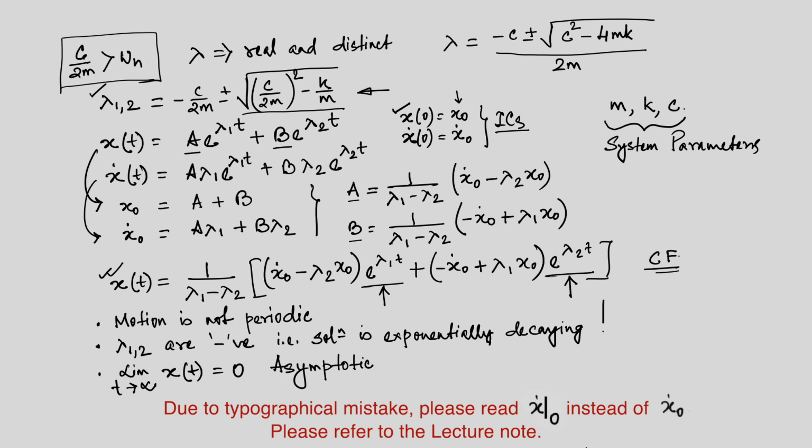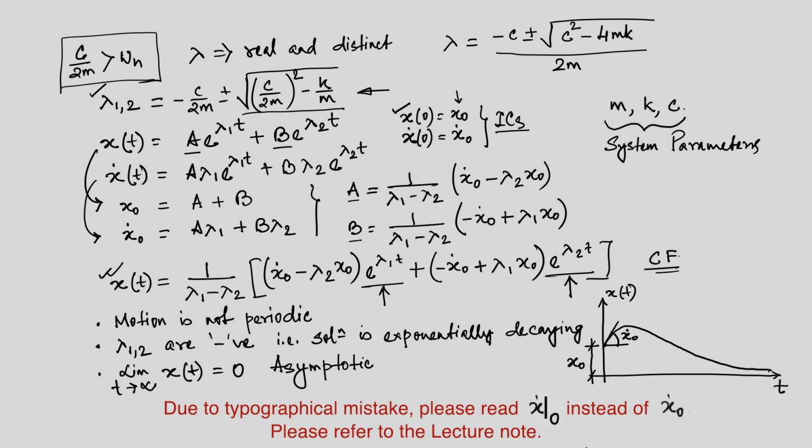So, we will have this horizontal axis where we have time, and x of t here. Obviously, it will start with x naught at t equal to 0, and this slope here is the velocity.